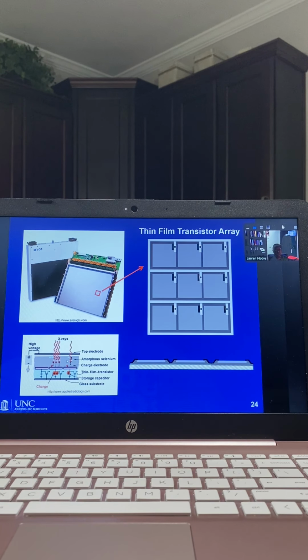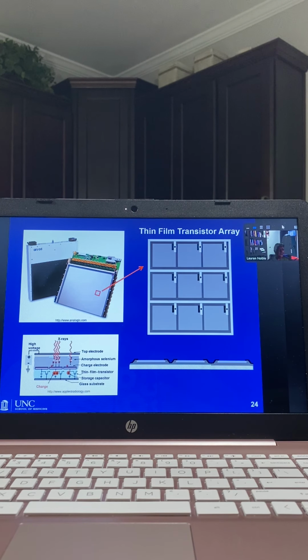We've got something called amorphous selenium, which is a semiconductor material. And then underneath, we have electronics. Because I told you, if you peel away this protective layer, you'll have semiconductor material, and you'll also have electronics. And the electronic segment that is associated with this flat panel detector is referred to as a thin film transistor.